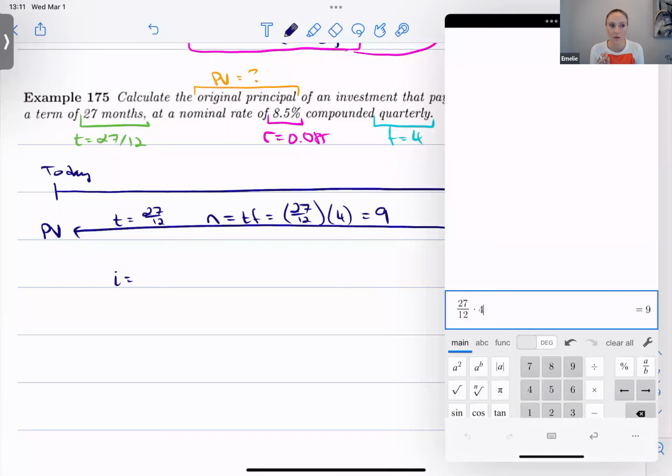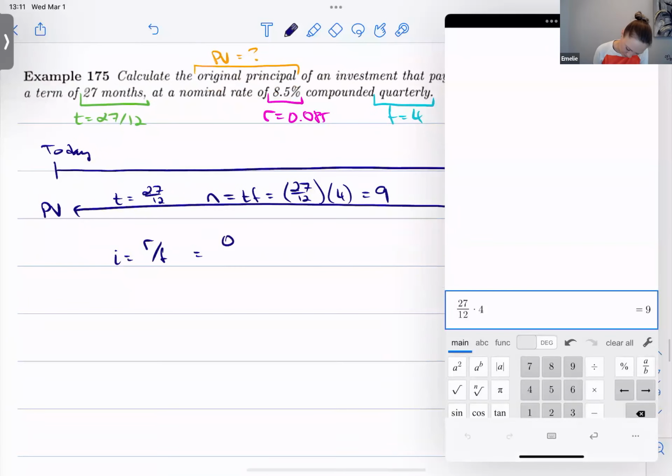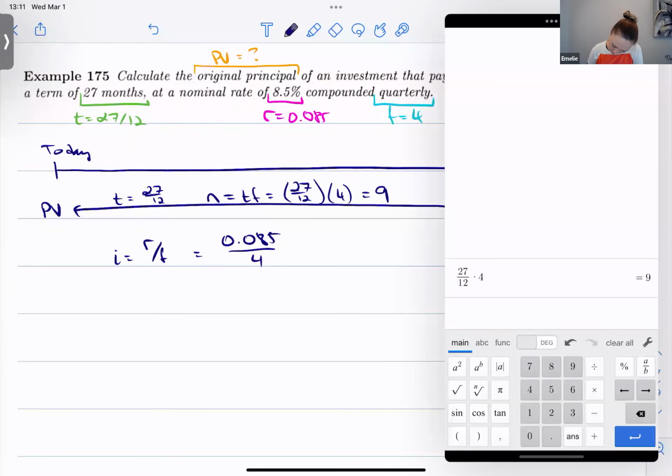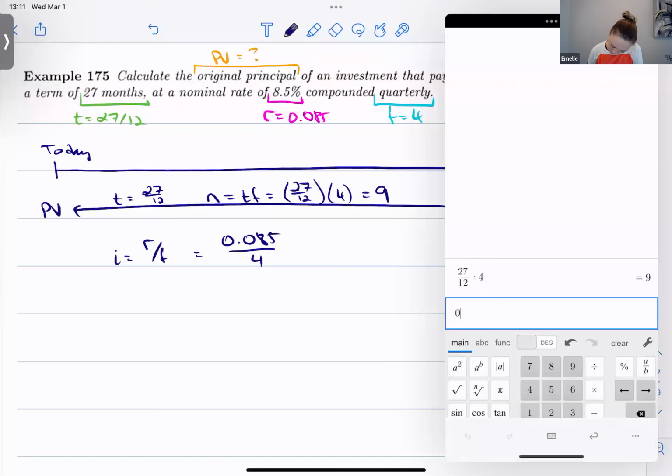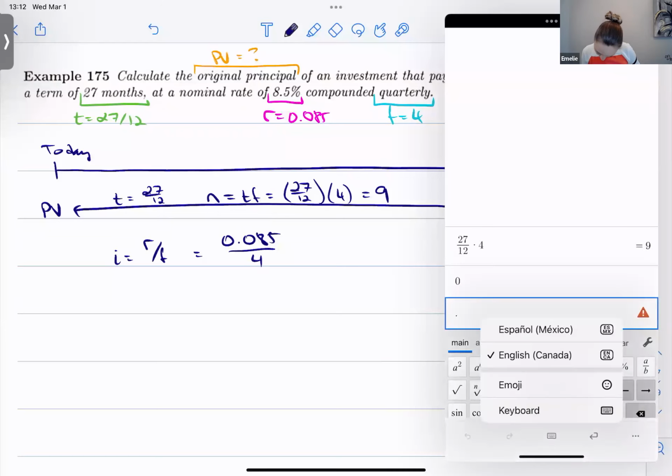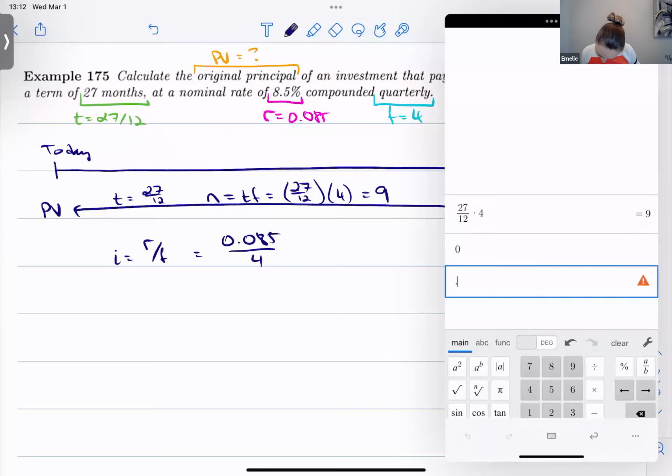Next thing I need to do is find I, right? I is R over F, which is 0.085 divided by 4.